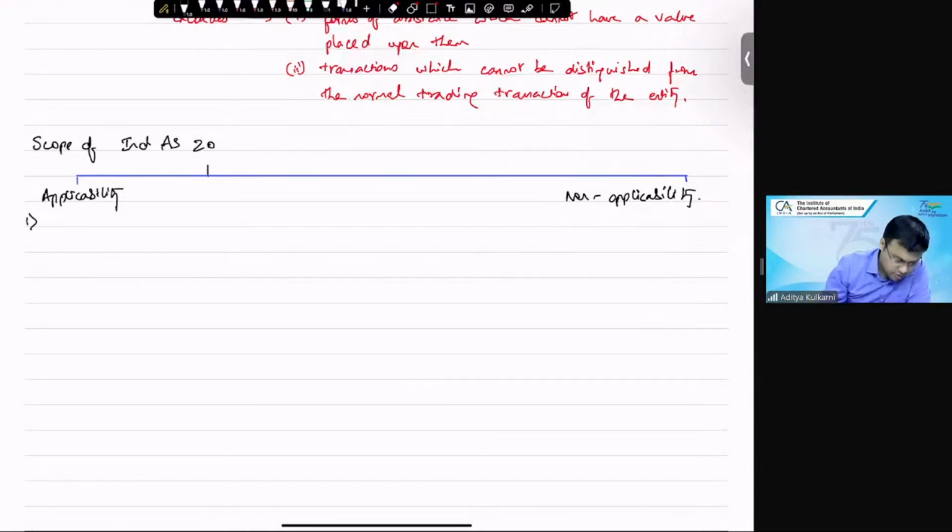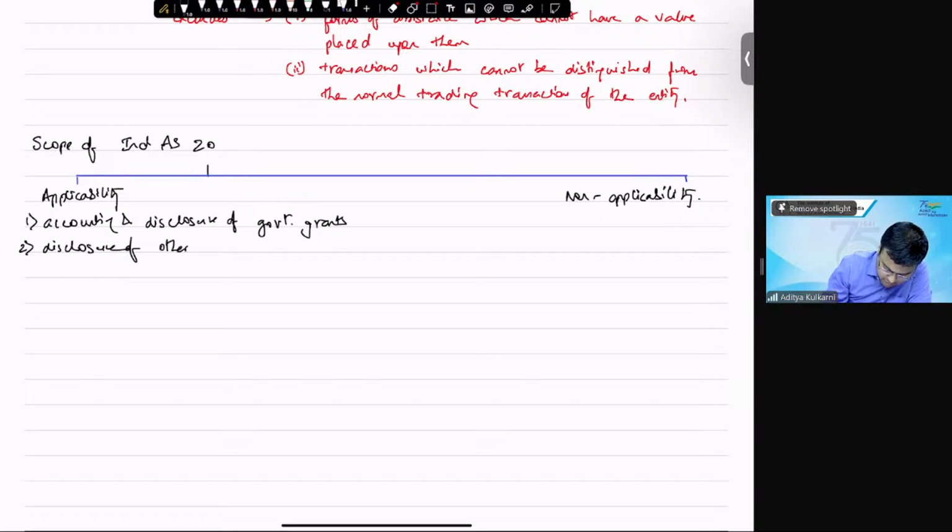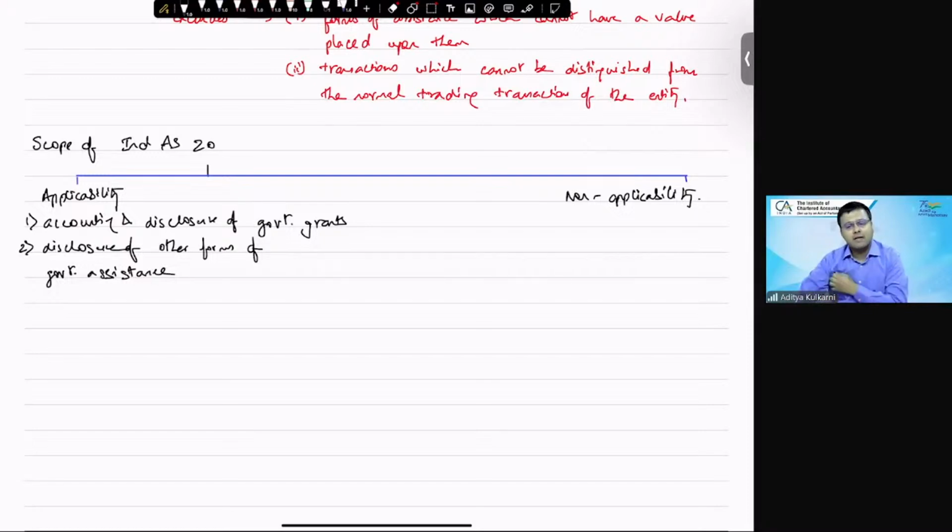Okay. Very simple. Applied for accounting and disclosure of government grants. And second one is disclosure of other forms of government assistance. Okay. So this is your applicability. We know what is government, we know what is government grant, we know what is government assistance. So this is your applicability.